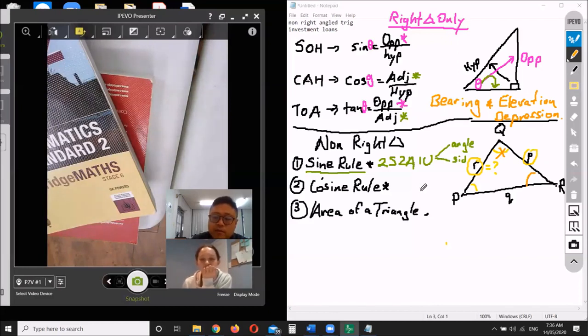So what is the sine rule? Now, the sine rule is this, and I'm going to deliberately use different letters, like I said. Let's use mustard for this.